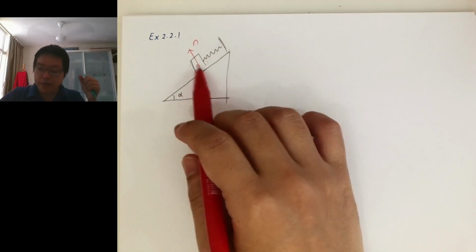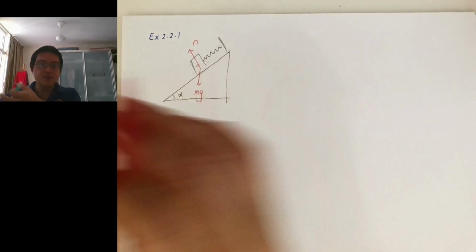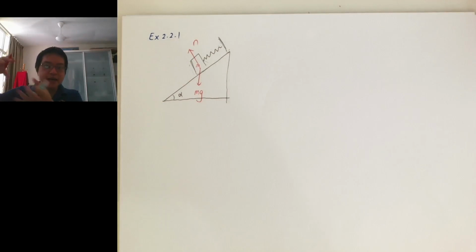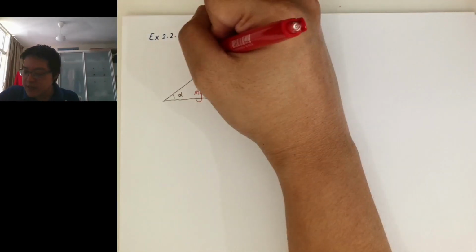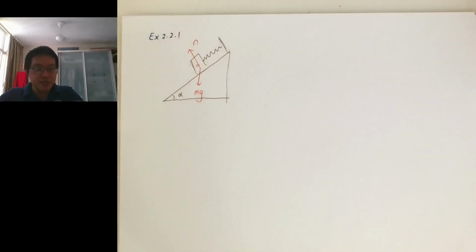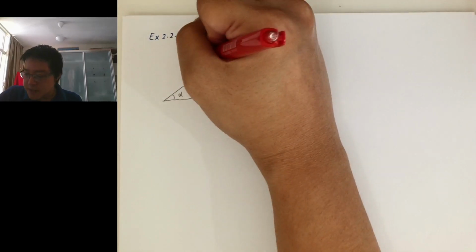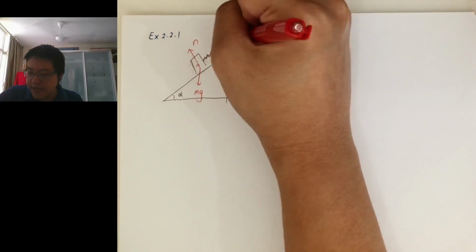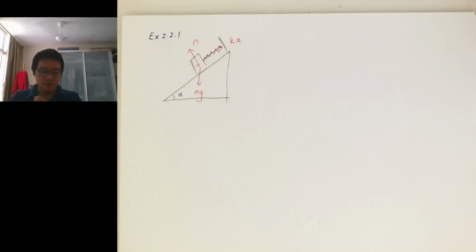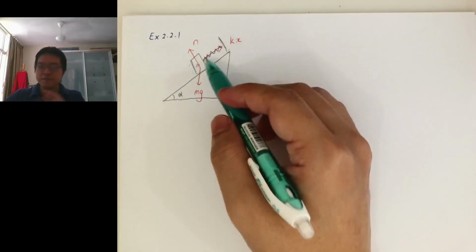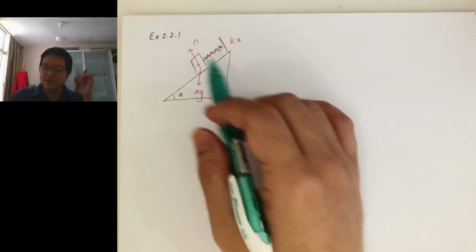And because it is hanging from the spring, we are stretching the spring, so the spring force is towards this direction, kx. Clear? It's trying to pull it, so it's kx.